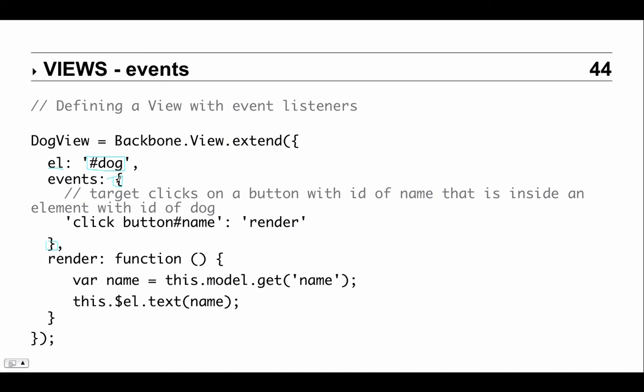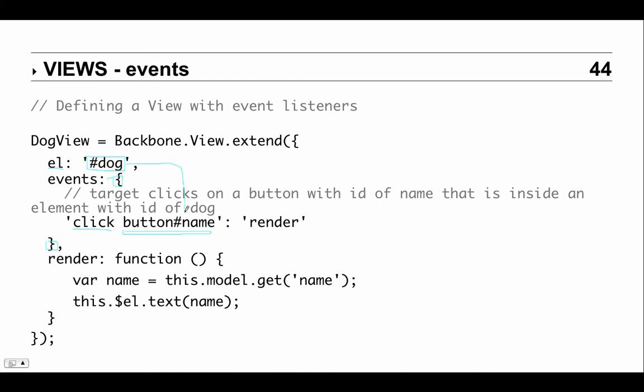The way that we set up events is we create a property name inside of the events object here. And we can pass this a particular event name type, and then we can then pass it a specific selector to listen for that event on. Okay, so it's important to understand here that this selector, button#name, which of course means a button that has the ID of name, is within the context of the parent element.